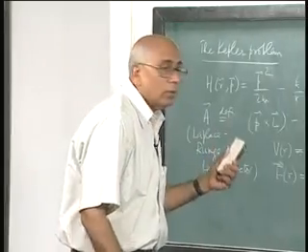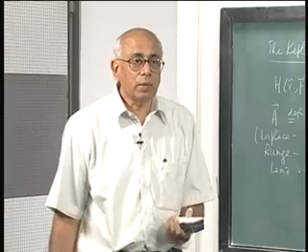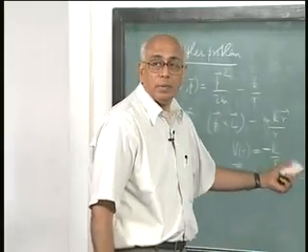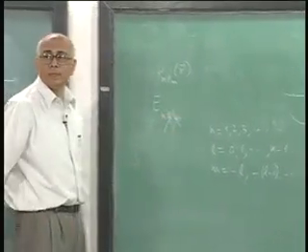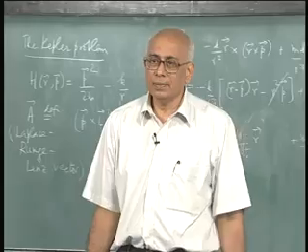But because of the Runge-Lenz vector, the hydrogen atom has an extra degeneracy which is called accidental degeneracy. It is not accidental, it comes about because of the nature of the 1 over r potential. So what is the degeneracy now?